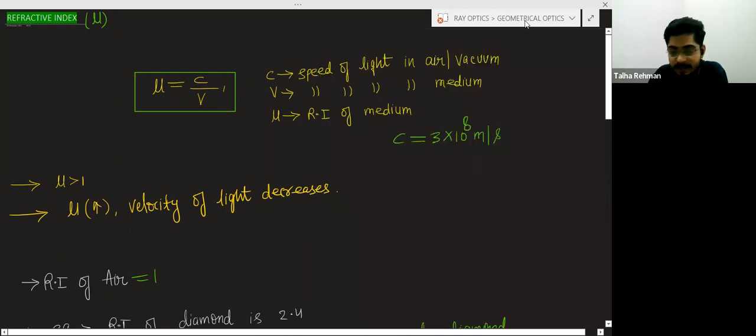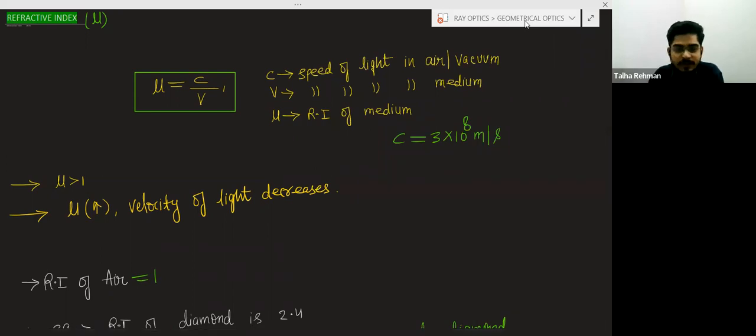In terms of this topic, in refraction there is more content. We have to study various things. We will study real depth and apparent depth.